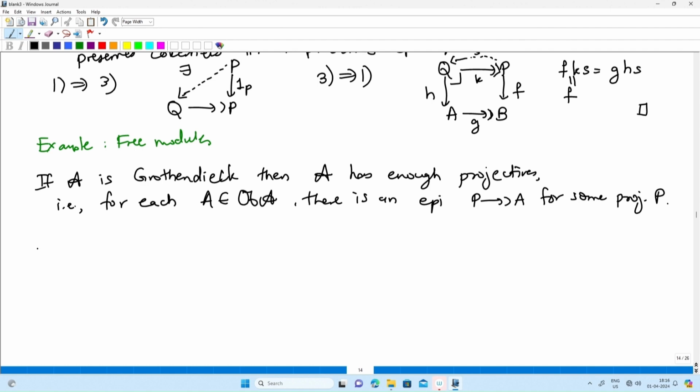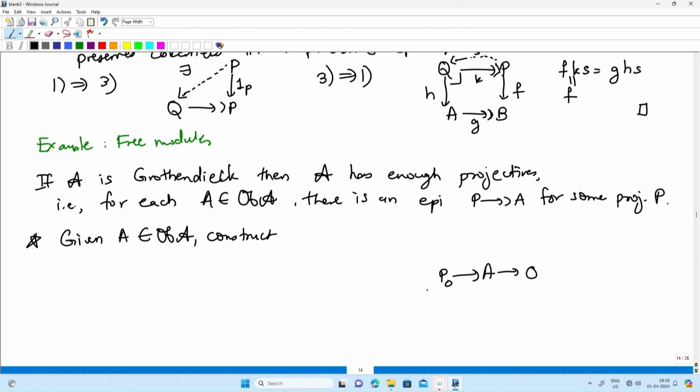So given A, what is a projective resolution now? Let's try to see this. So given A, construct this. We are given A, okay, then we have some projective P0 and a surjective map.